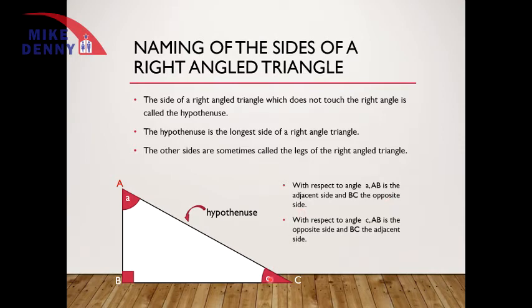Then with respect to C, BC will be the adjacent side, it's next to C, and AB will be the opposite. So with respect to C, AB is the opposite side and BC the adjacent side.